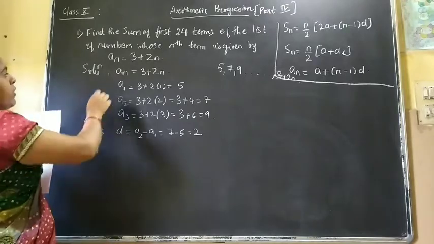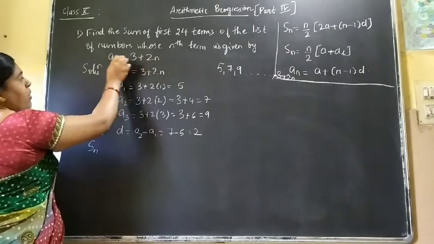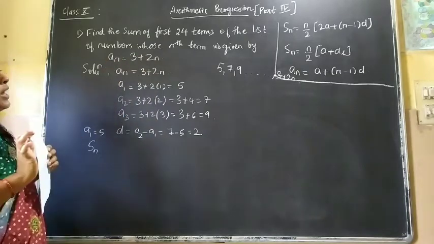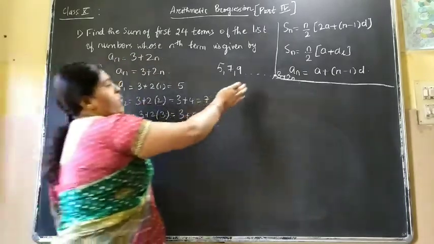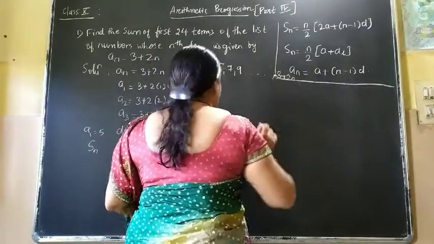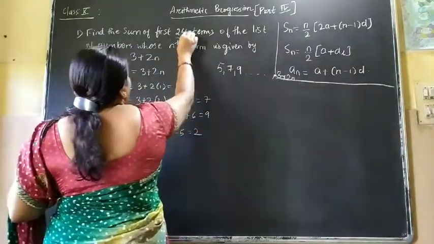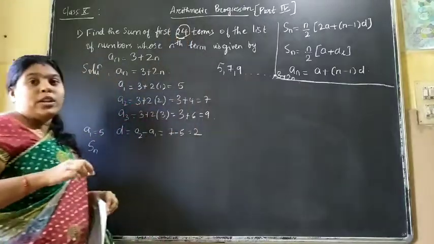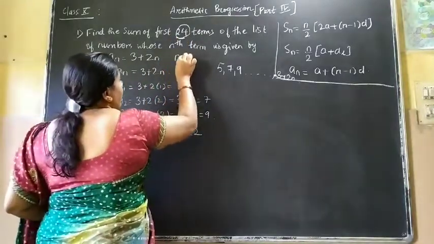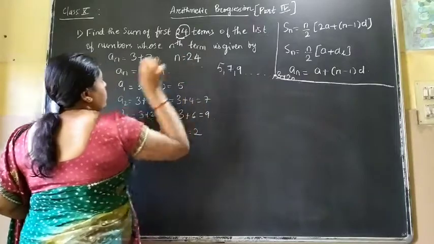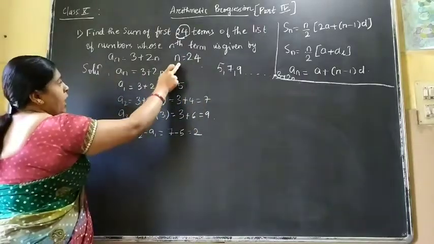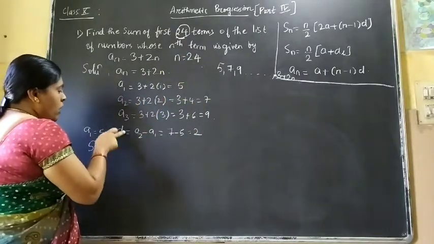Okay. So here they have given us the last term. an is nothing but the last term. So you can use the formula Sn is equal to n by 2. And here we need to find what? First 24 terms. So n they have given us 24. Now we know n, we know a, we know the difference.